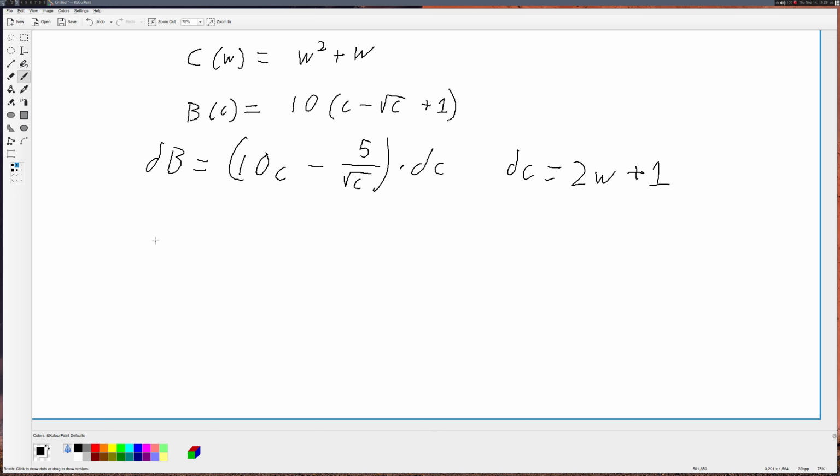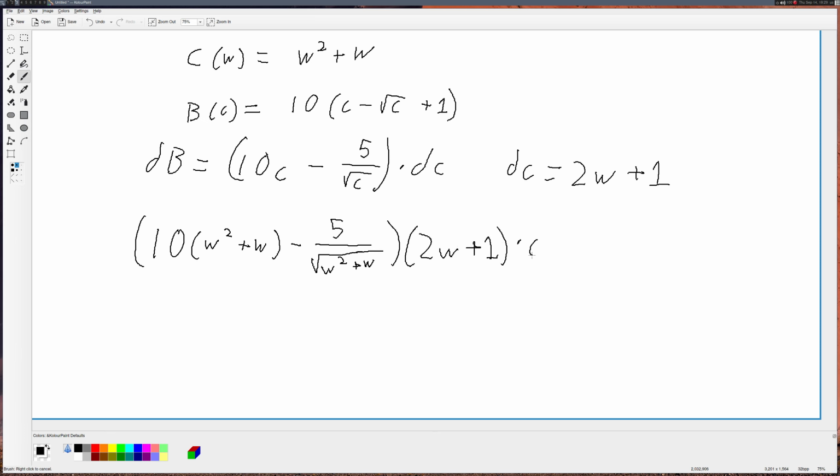So we take 10 times W squared plus W, minus 5 over the square root of W squared plus W. Multiply that by 2W plus 1.